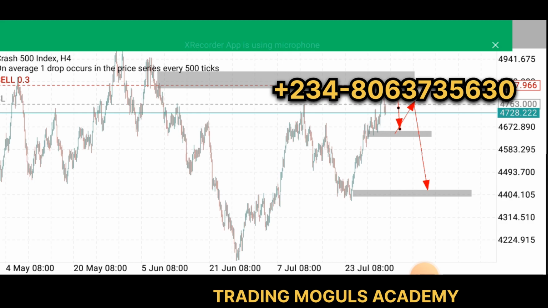So all right, we were able to identify the market structure. That's number one. Now we started marking out our key levels.